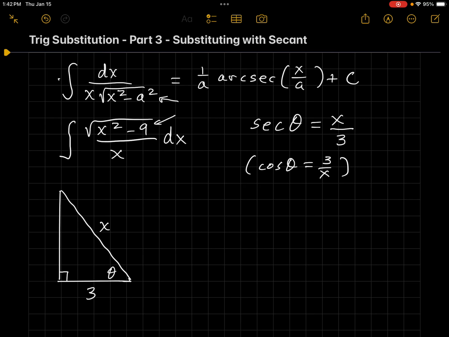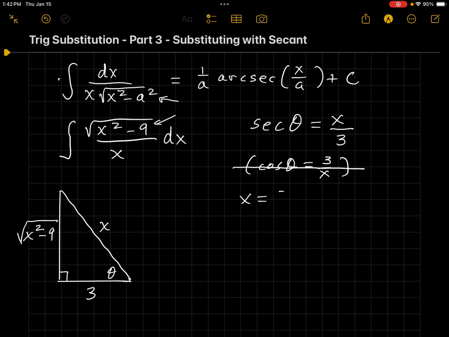So how about this third side? If I do Pythagorean theorem to get the third side, we do get what we want. That is, the third side is the square root of x squared minus 9. So let's go through the process of substituting every piece with an x for something with a theta.